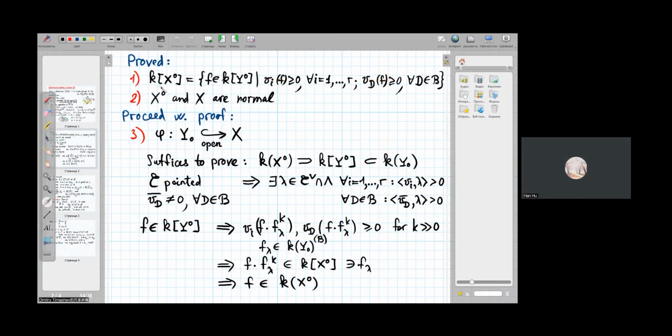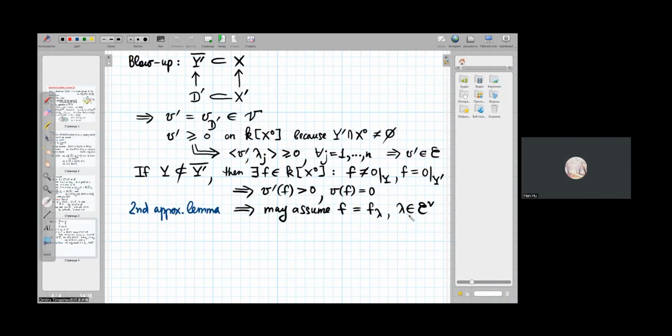So this function will still be in x upper north, and this means that the eigenweight is in the dual cone of C, as we remarked at the previous lecture.